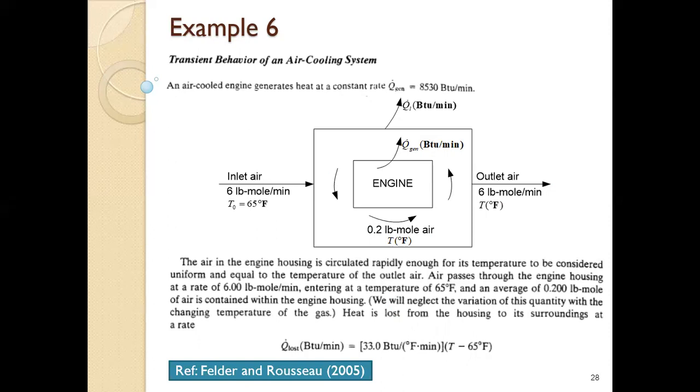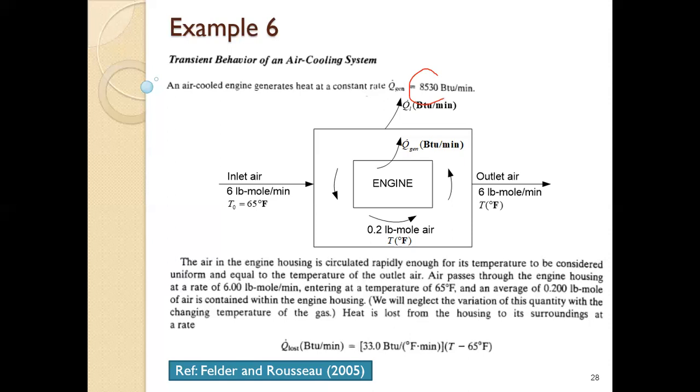The engine will generate heat. We generate the Q out from the engine to the housing, QJ. For this case, the heat generated is 8,530 BTU per hour. This is the heat generated by the engine.